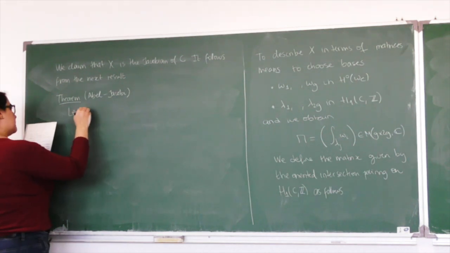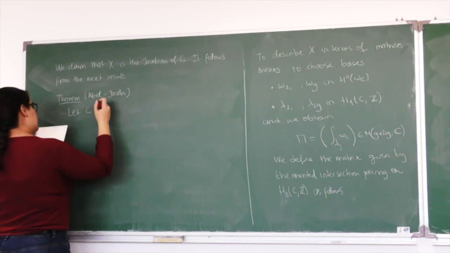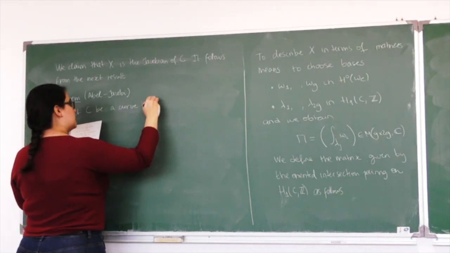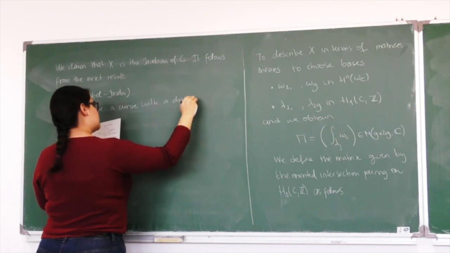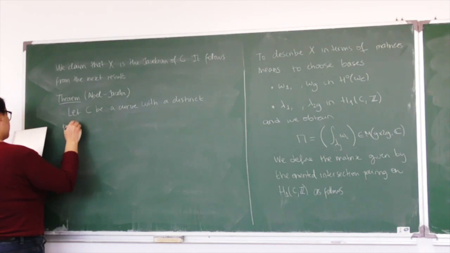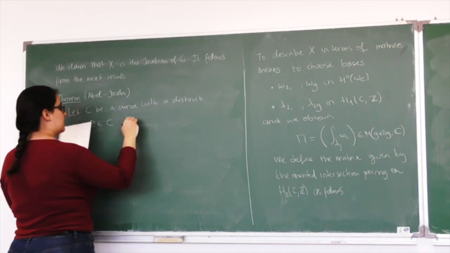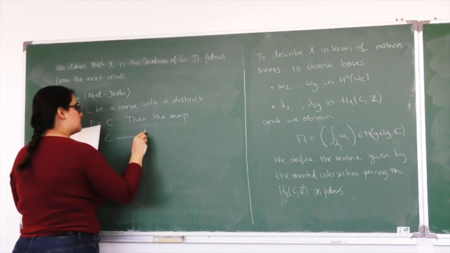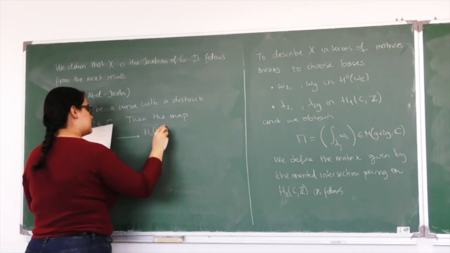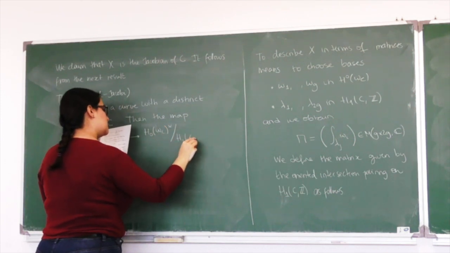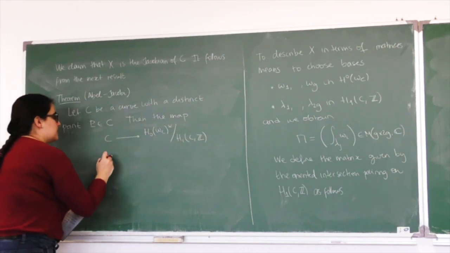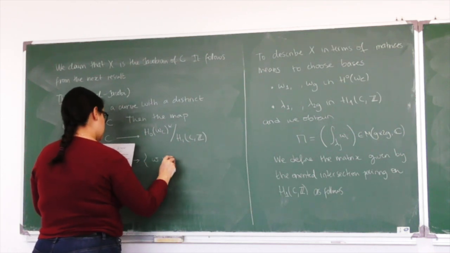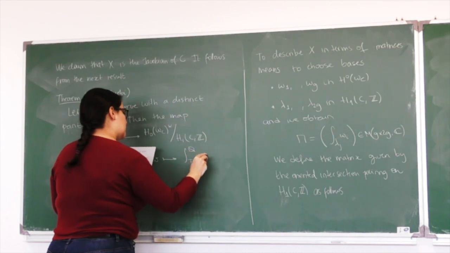So we have again that C is a curve with a distinct point P. Then the map H0 omega C dual quotient out by the homology that takes a point Q and maps it to taking w to the integral between P and Q of this.